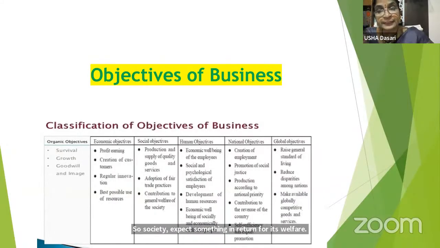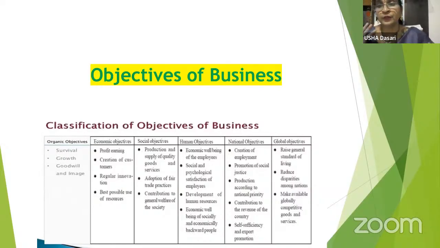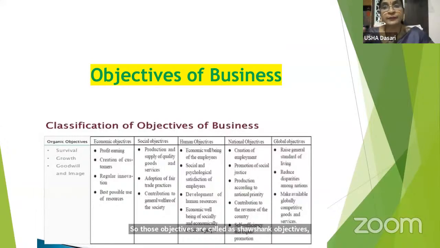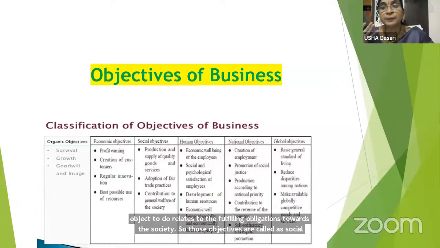Social objectives relate to fulfilling obligations towards the society. Again, I repeat, social objectives are the objectives desired to be achieved for the benefit of the society. What are they?